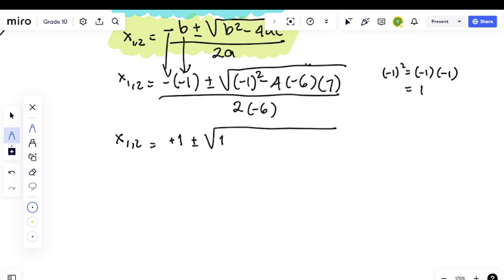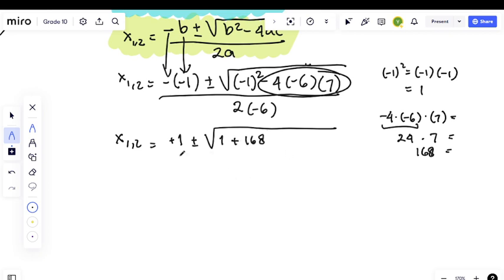And then negative 4 times negative 6 times 7, it is 24 times 7, it is 168. So it's positive then, yeah. So this will produce a positive number. There you go. 2 times negative 6 is negative 12.